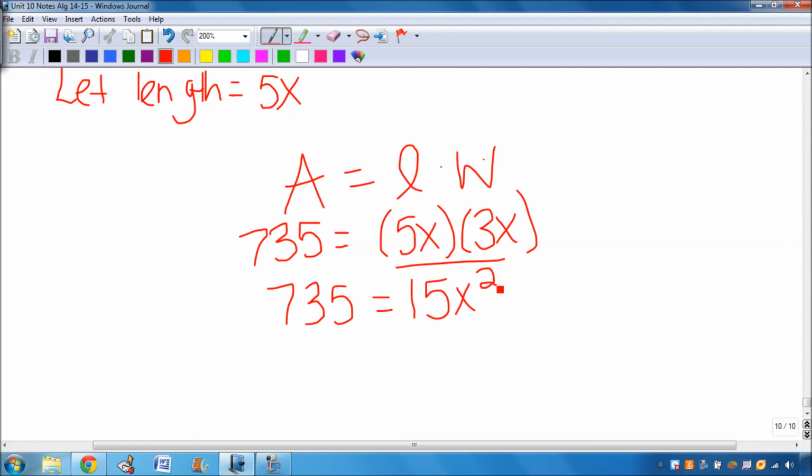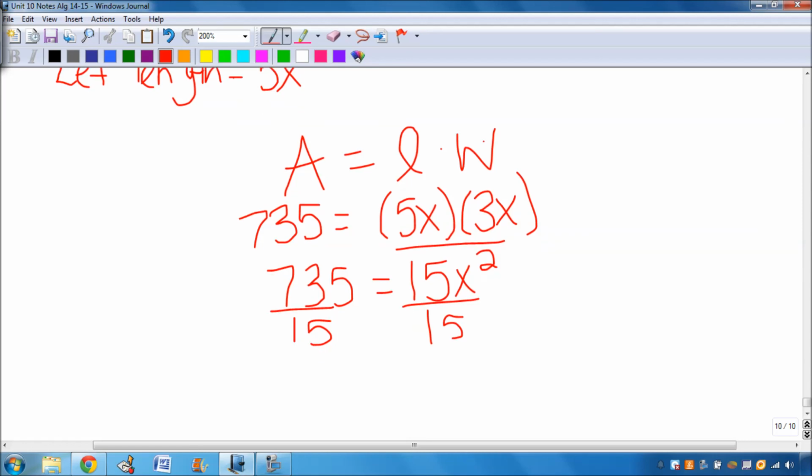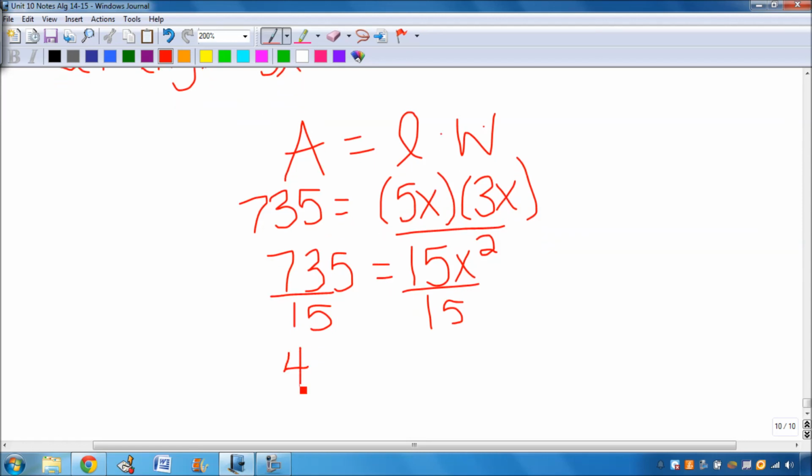Now I can get everything all together on one side. However, because this is just a single x squared, sometimes it's easier to just get the x squared by itself. So what I'm going to do is I'm going to divide everything by 15. All right? And when you divide 735 by 15, you get 49. So 49 equals x squared.